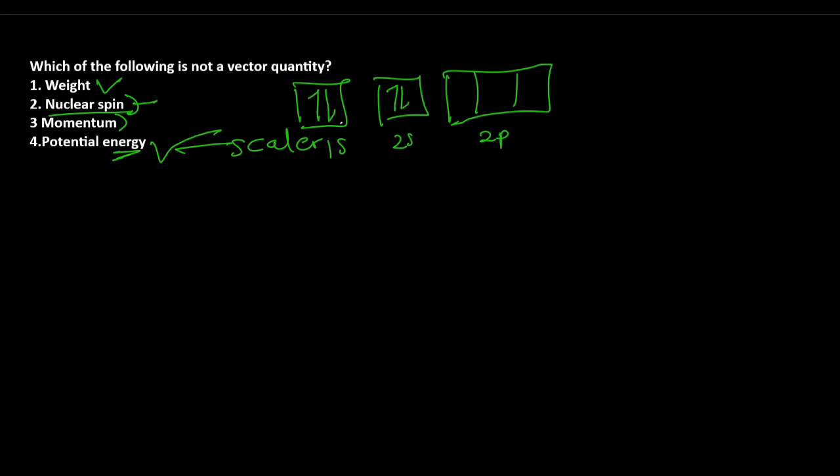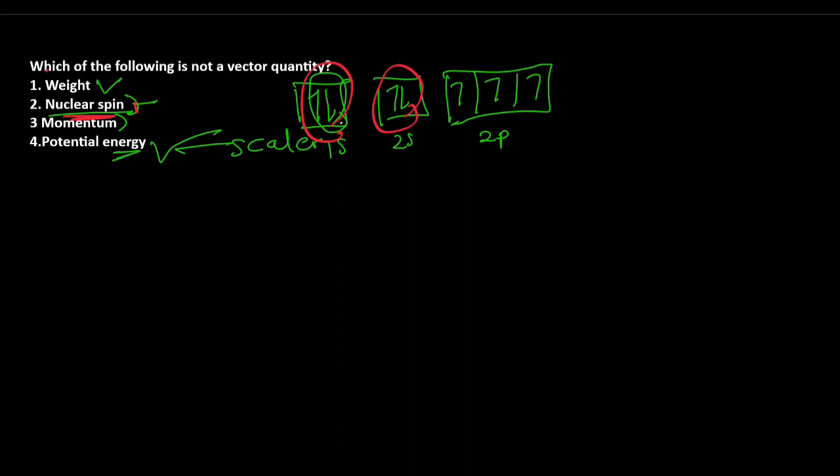These are electrons. When we're talking about the nuclear spin, we're talking about how these electrons orient themselves in a definite way. One is pointing up and one is pointing down. So that's what the nuclear spin talks about. From here, we know that nuclear spin has a direction.